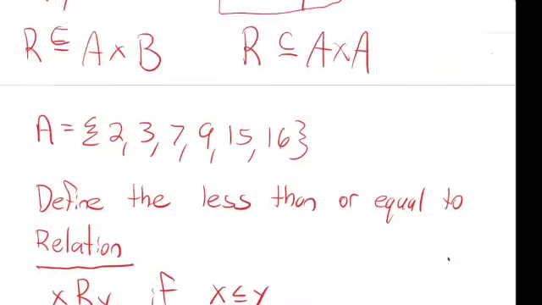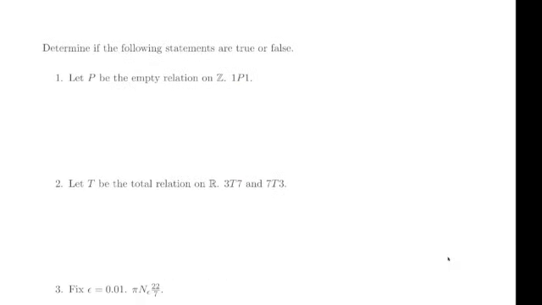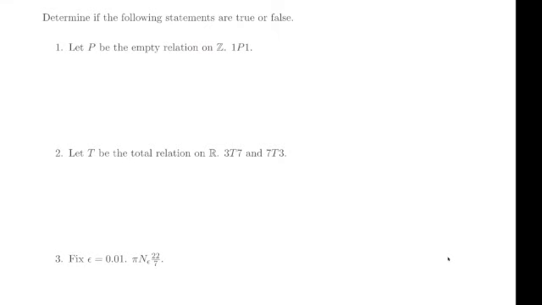Okay, so let's try some polling questions here. Here are some relations that I'd like us to consider whether these statements are true or false. Here we're going to define P as a relation on Z itself, so P is going to be some subset of Z cross Z. We're going to define this as the empty relation.